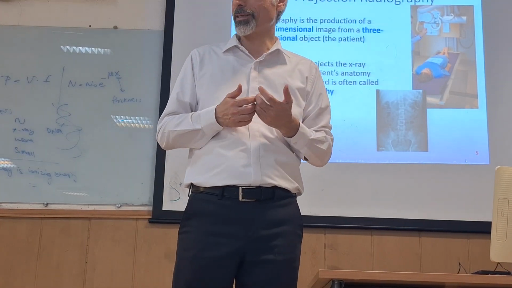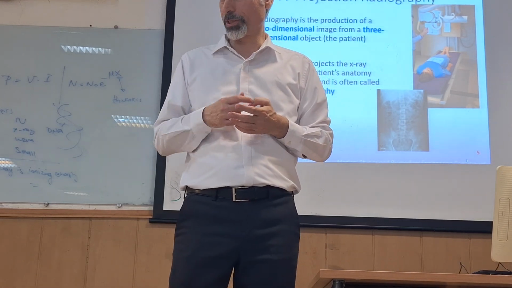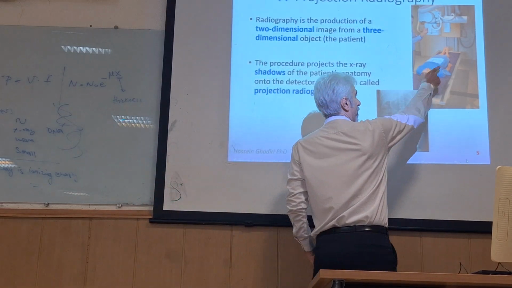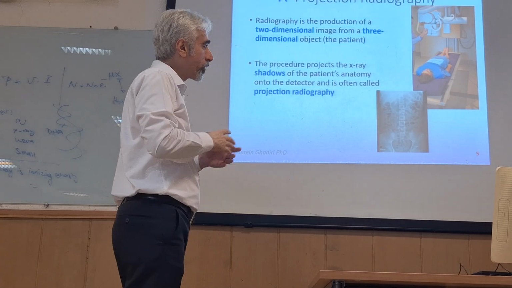And repeating the scan means higher X-ray photon use for one patient and one exam. So it's very important to see where you are going to do the examination by using a light.